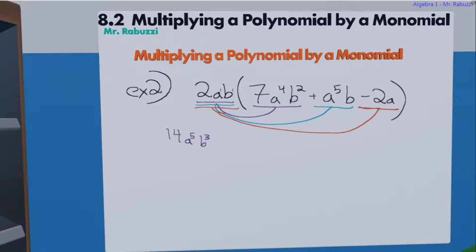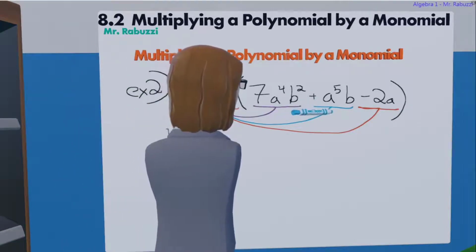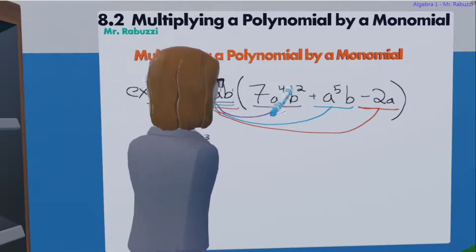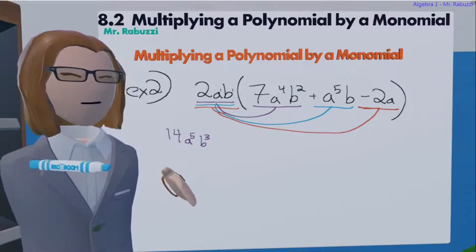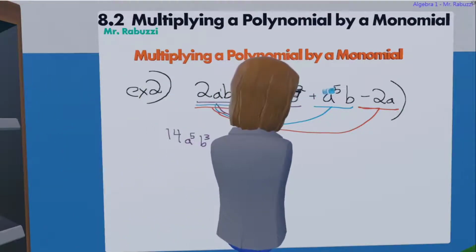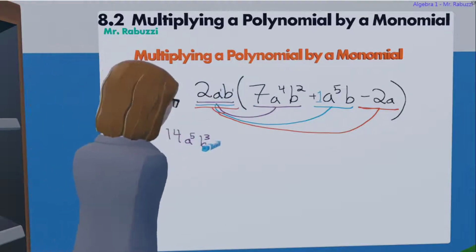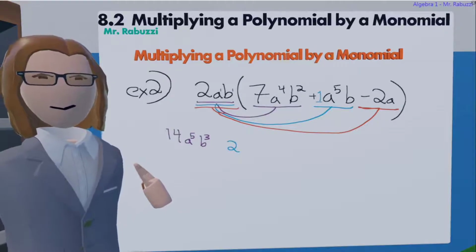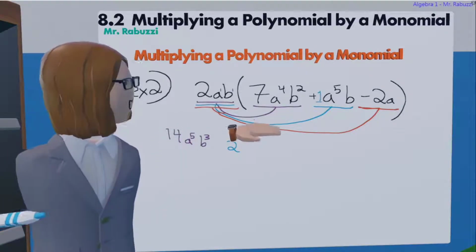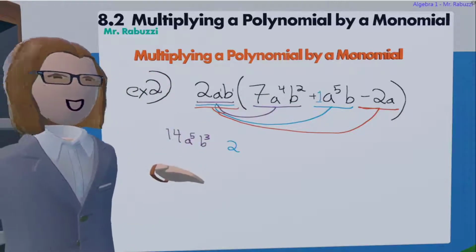Okay. Next, let's go with our light blue line. 2ab times a to the fifth b. So 2 times empty. If it's empty, it's not 0. It means there's an invisible 1. So I'm going to write my invisible 1. All right. Perfect. So 2 times 1 is 2. Next, a to the first times a to the fifth.